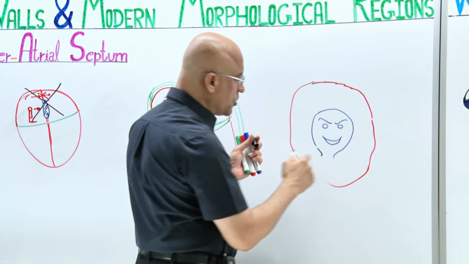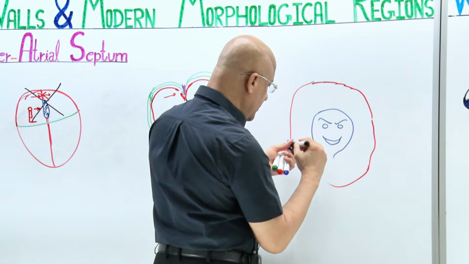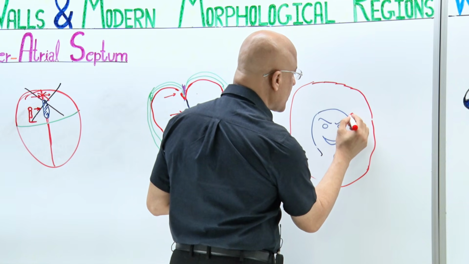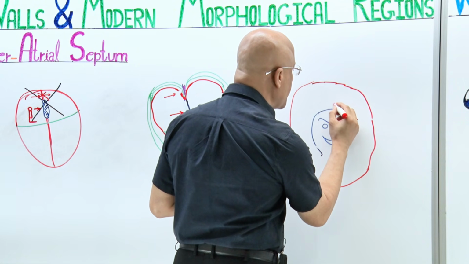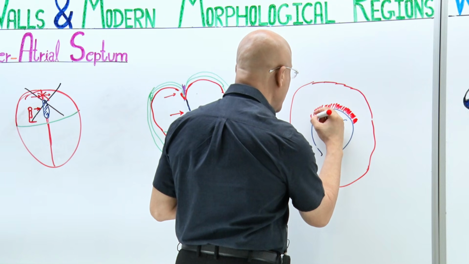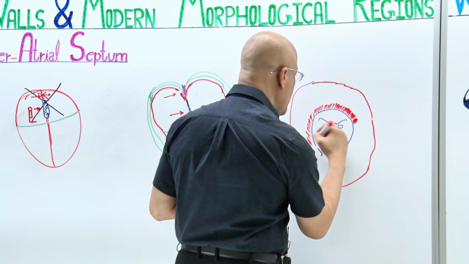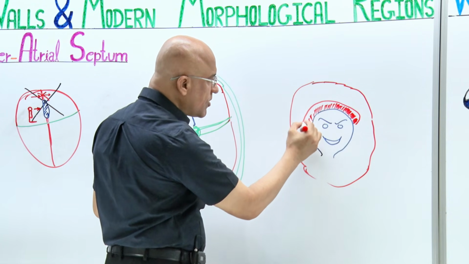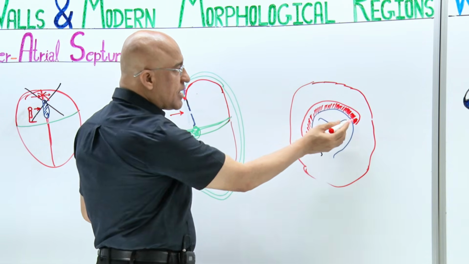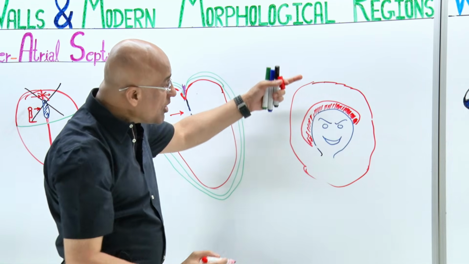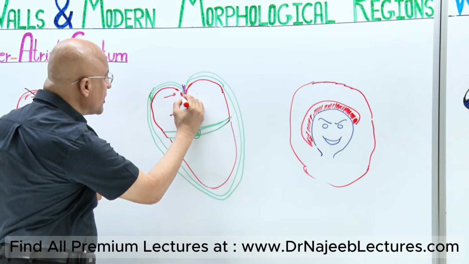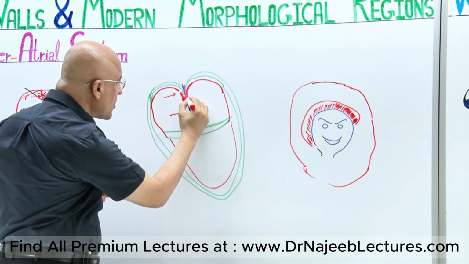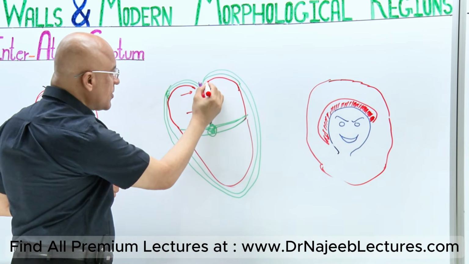Now the area around fossa ovalis is raised. We say there is a rim or elevated area around the fossa ovalis. Now this elevated area, right, what is this? This is infolding of atrial walls.